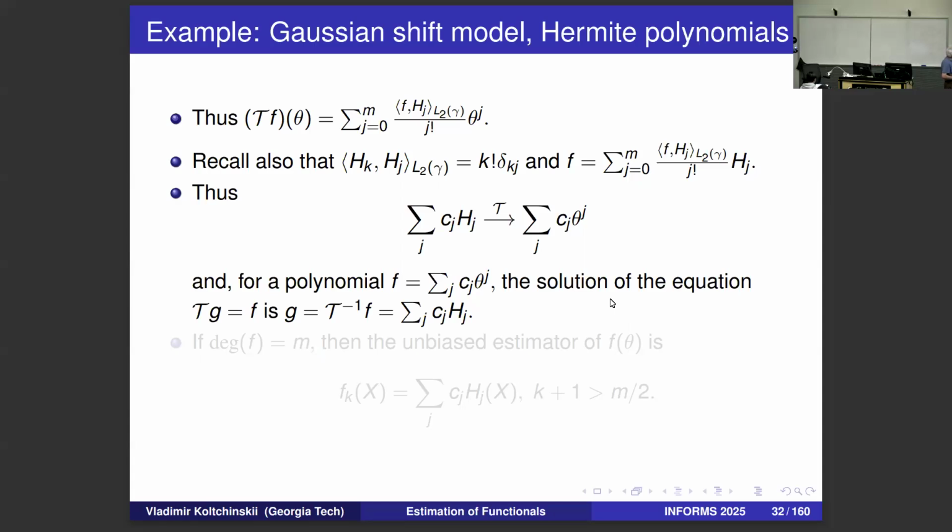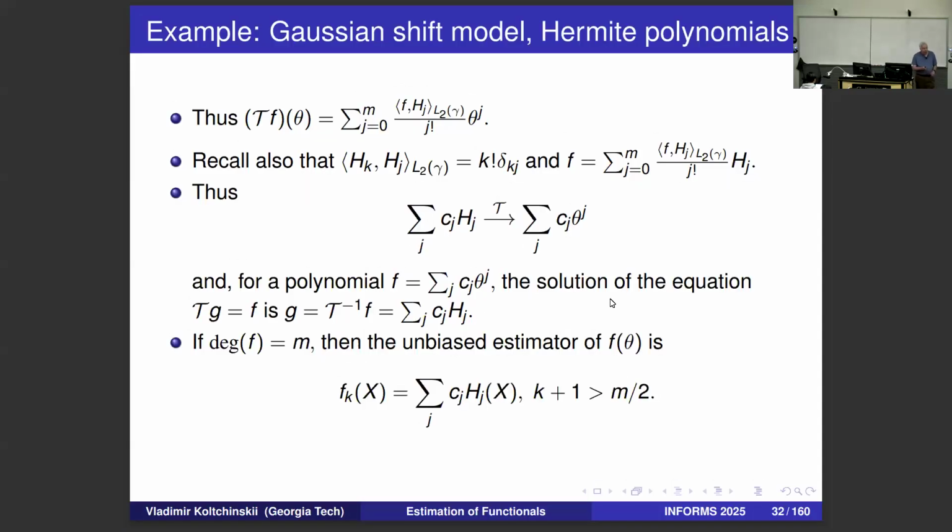And the inverse of operator T for the function f, which is just this polynomial, will be equal to this. And this gives us the estimator, which will be obtained by this, and it will be equal to this function f_k of x that we observed earlier.